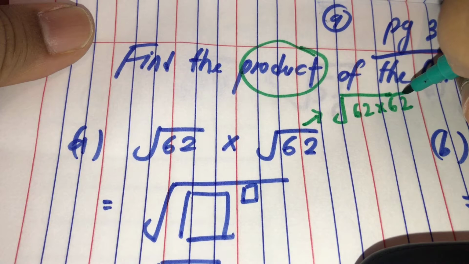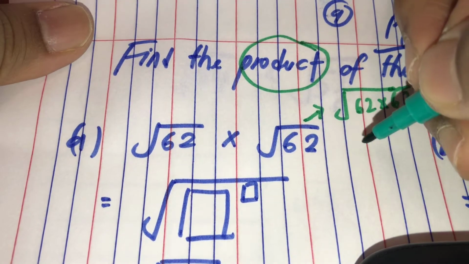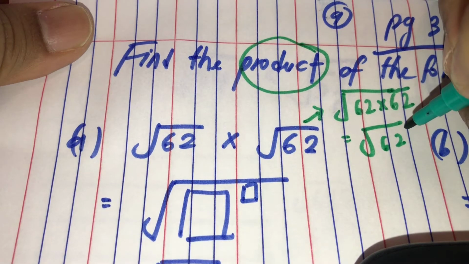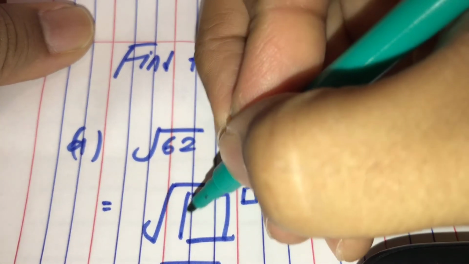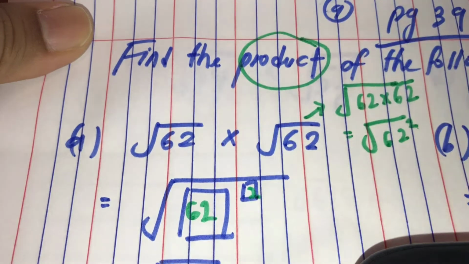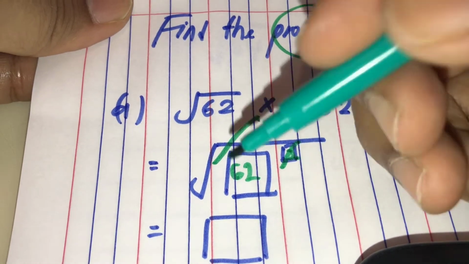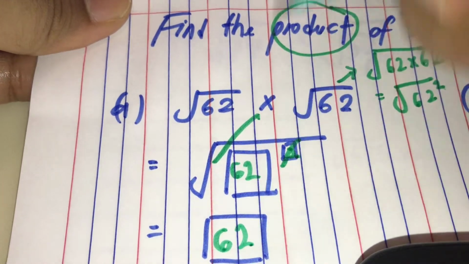You combine the value like this. So the value becomes 62 times 62, that means 62 square. So you write here 62 square. Then when square root meets the square, you can cancel here. So the answer is just 62. Like this only.